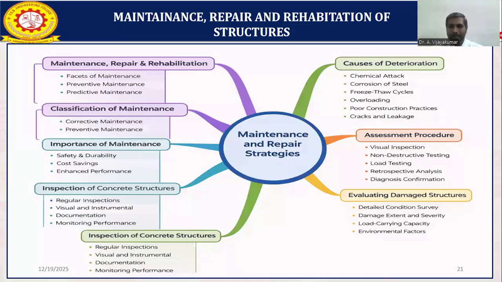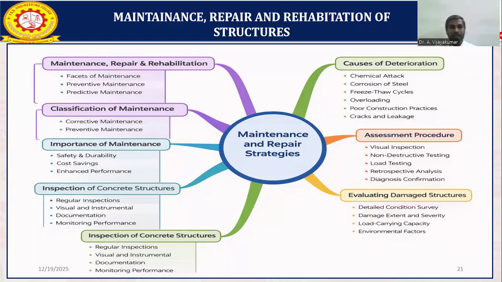This is called a mind map. Generally, what we have discussed, I think I'll just put up one slide so all can easily understand. This is called a mind map. Initially we discussed the maintenance definition, repair and rehabilitation, and the different types of maintenance, factors of maintenance, preventive maintenance, and predictive maintenance.